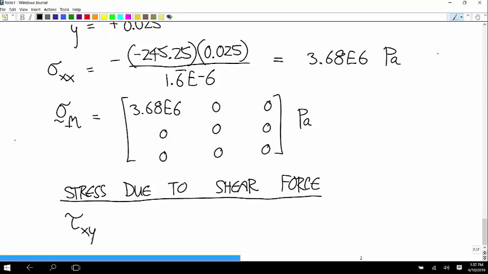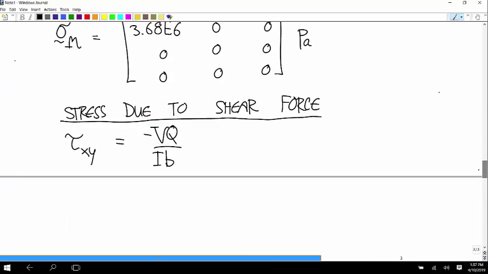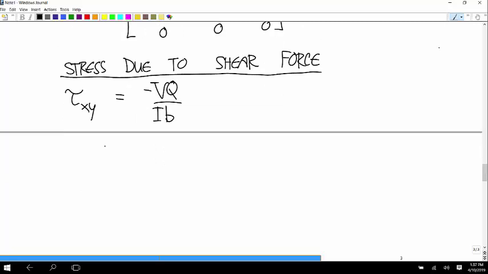It's going to be the XY shear stress, and it's equal to negative VQ over IB. We already have I. So for this cross section, this is our area. This is our centroid.